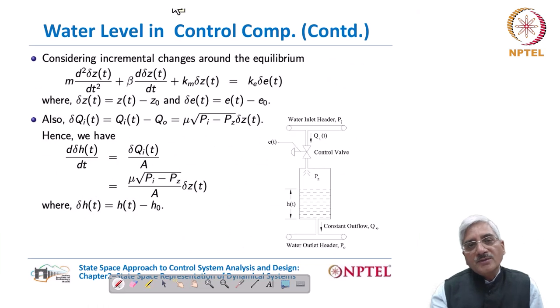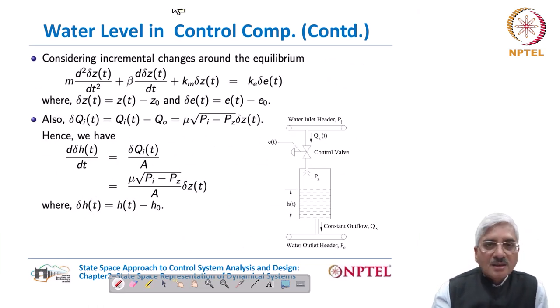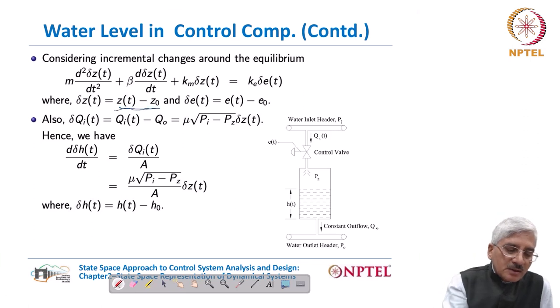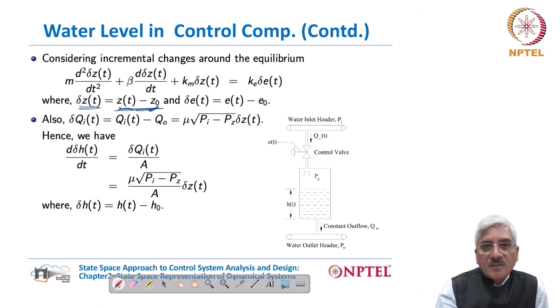Now we try to linearize the system by considering incremental changes around the equilibrium operating point. So first thing we do is we assume that the control valve moves relative to its equilibrium position Z0. So incremental change in position is delta Z, which is Z(t) minus Z0.